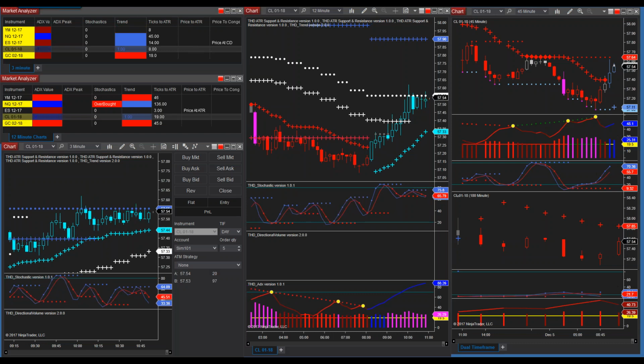This is one I will not take because of this ADX. This more than likely is going to come back to 57.33, and I would wait for it to get here before I entered a trade.